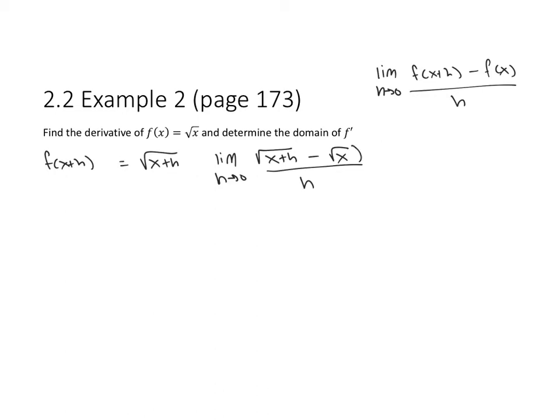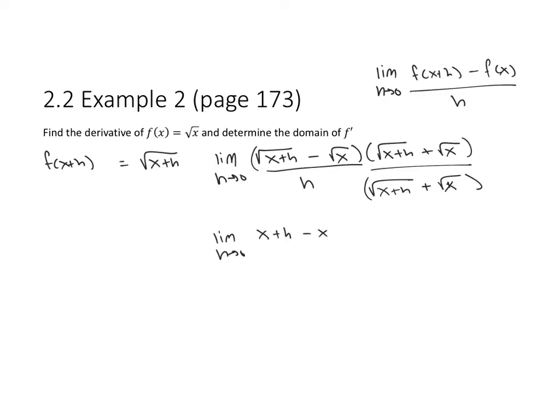In this case, we're going to multiply by the conjugate of the numerator, which is the square root of x plus h plus the square root of x, all over the same thing, square root of x plus h plus root x. And when I FOIL the numerator, I have the difference of perfect squares, so I just get the limit as h goes to 0 of x plus h minus x all over h times the square root of x plus h plus the square root of x.